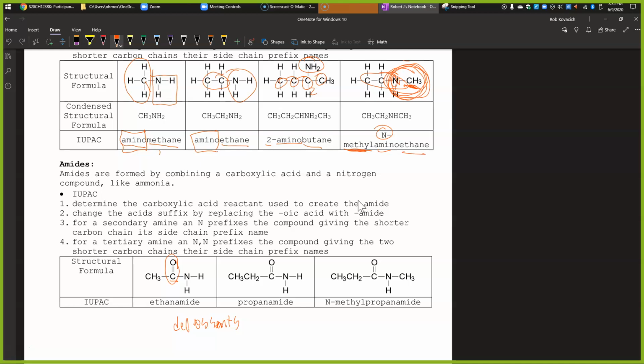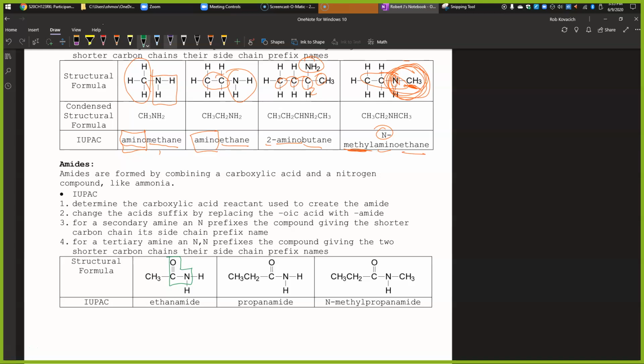So this one is ethane amide, and I know it's an amide because I have that structure right there. So that automatically means amide. C double bond O N is the amide part.